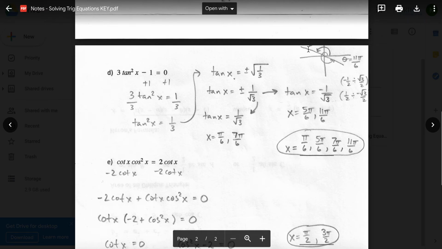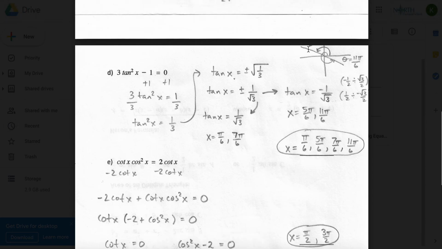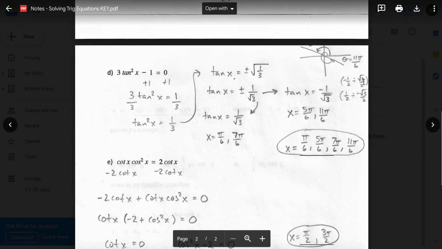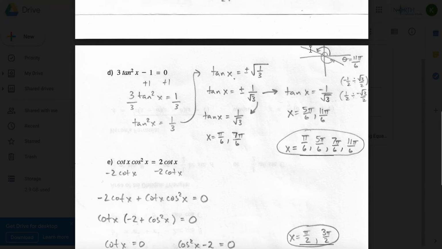But this ratio, negative 1 over the square root of 3, in the second quadrant, that's going to have a negative x value and a positive y value. So if I have a y value of 1/2 and an x value of negative square root of 3 over 2, that corresponds with the angle over here that's equal to 5 pi over 6.